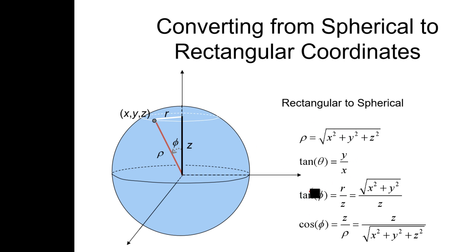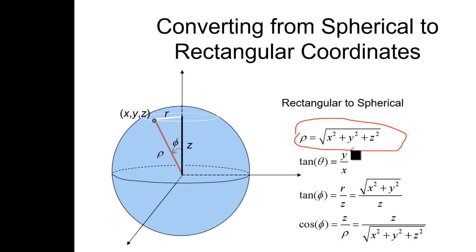So if I want to convert the spherical system to the rectangular system, or if I have the values of x, y and z and want to convert to spherical, I will just use these formulas. I want to find rho using the root of x square plus y square plus z square.